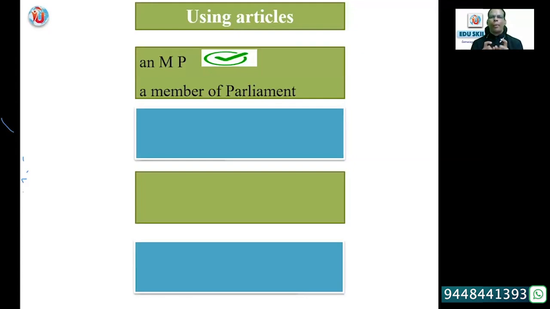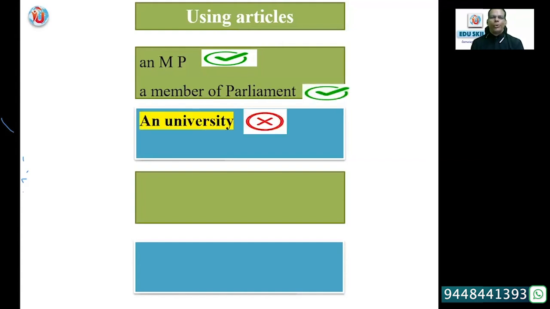So a member. Whereas when you say MP, it is EM, a vowel sound. That's why you use an. Though the spelling here, M, is a consonant, the pronunciation, the sound, is EM. So it is an MP.